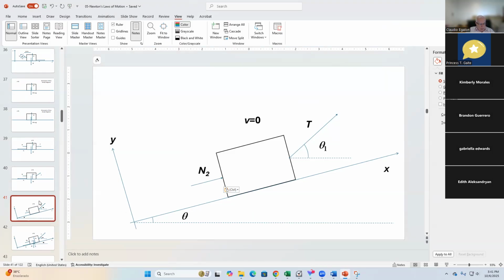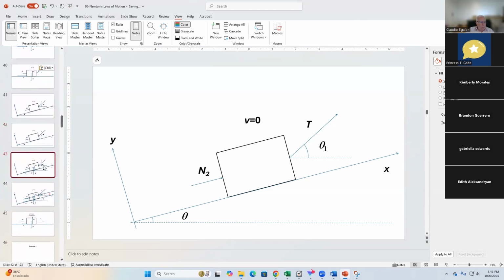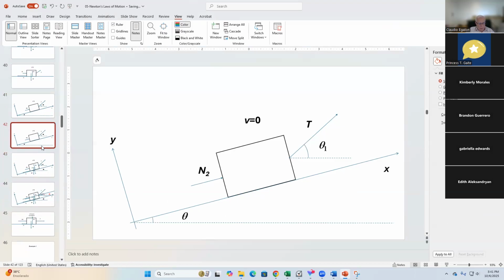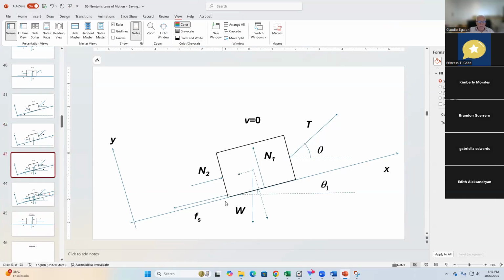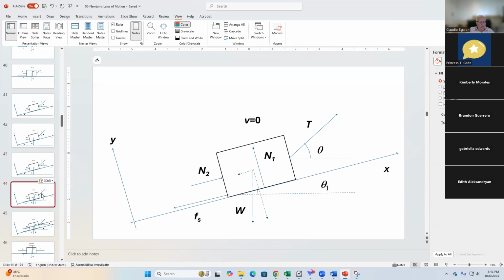Okay, so here you go. What are the forces that are there? First the weight. The weight is always there. In addition to the weight, we must have also a normal force, right?